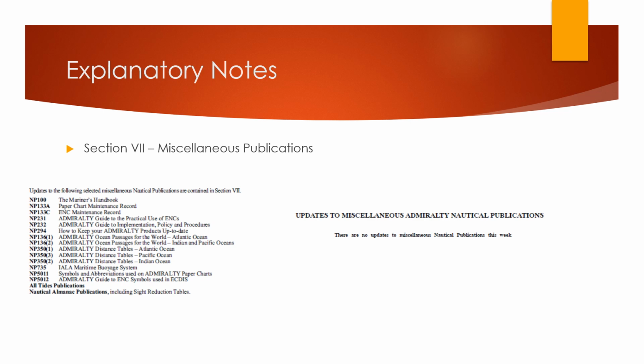You can see NP 100, NP 133A, NP 133C, and what that publication is all about is provided. The publications that are affected are provided. So if you are carrying these publications on board, which you are most likely doing, and you want to know whether there are any changes that you need to incorporate to these publications, section 7 is where you will get the details of those changes.